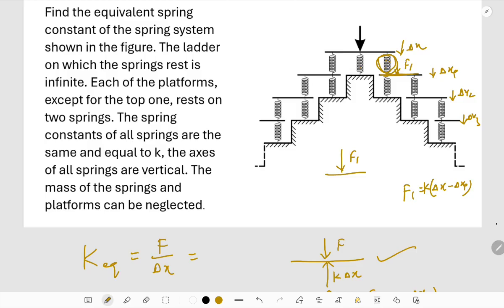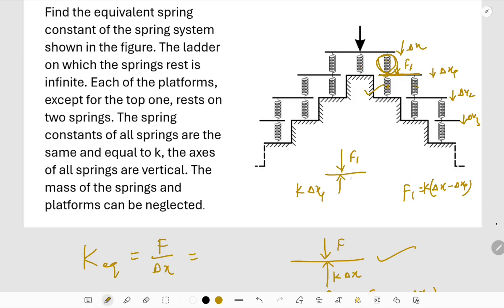We can also write F1 by considering its free body diagram. F1 acts from upward, and k delta x1 is exerted by this spring, and the other spring is again compressed by an amount delta x1 minus delta x2.